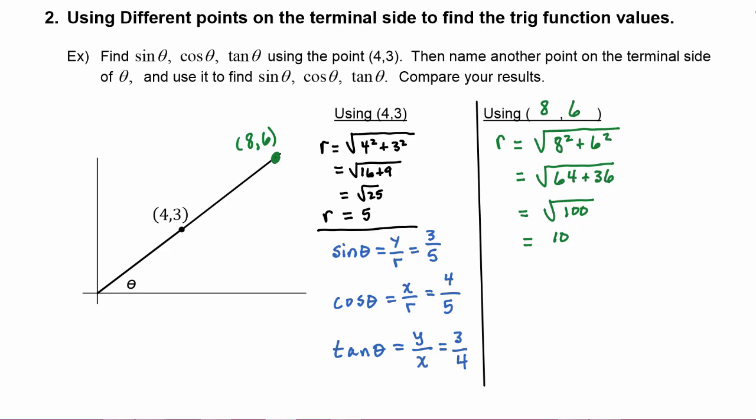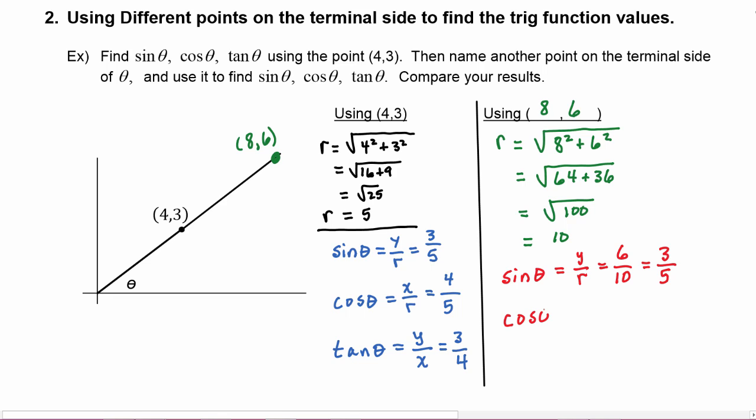So now if we find the trig function values, we've got sine of theta is equal to y over r, which we know would be 6 over 10, which reduces to 3/5. And you notice that that is exactly the same value that we had using the point (4, 3).